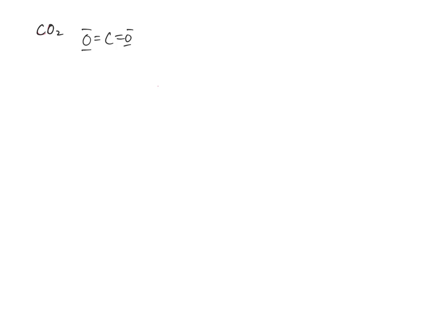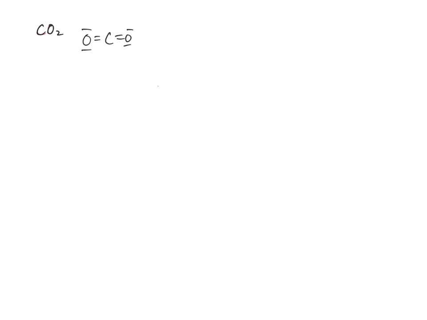Each bond is two pairs of electrons. So when I'm looking at this, should I count this as two bonds, two electron clouds, however you want to call it, extended out of the central atom carbon's nucleus? Or do I view this as four different things coming out?